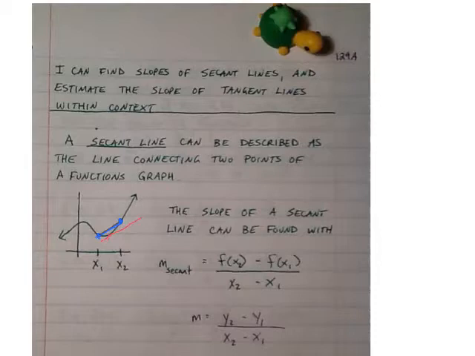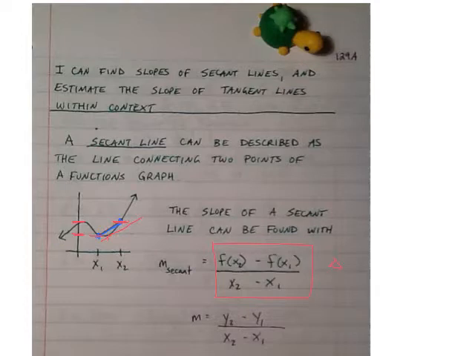For now, we're looking at secant lines, and we can find the slope of the secant line by finding the y-coordinate of our first point and subtracting the y-coordinate of our second point. Or more easily, you could just say f of x2 minus f of x1 and divide that by x2 minus x1.